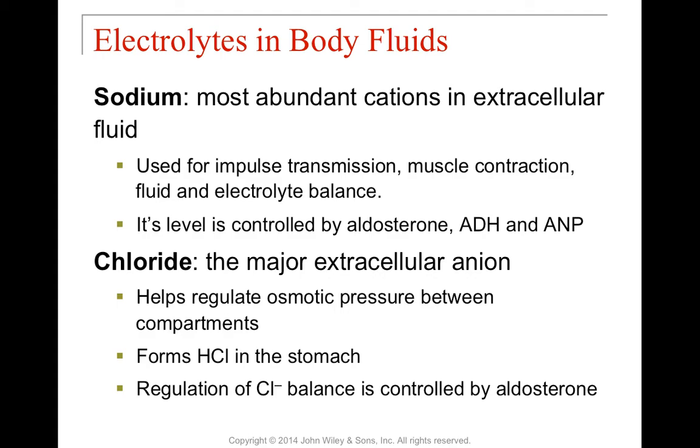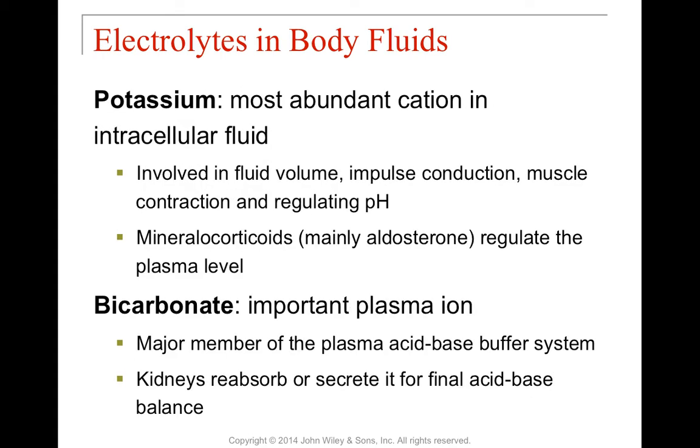And then on the outside of the cell level, also between the capillary or the blood plasma and then the interstitial fluid. It's also going to be involved in digestion because it forms the HCl in the stomach through the gastric pits. It is also going to be controlled by aldosterone. So aldosterone is going to be involved in the regulation of chloride balance.